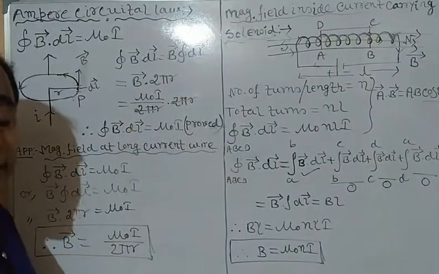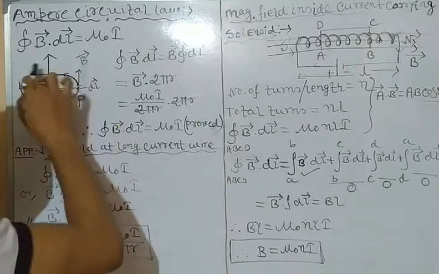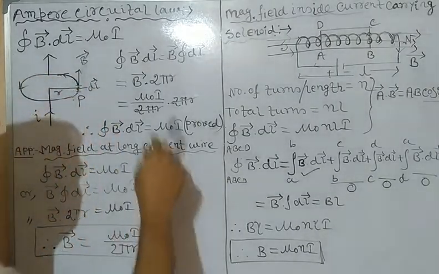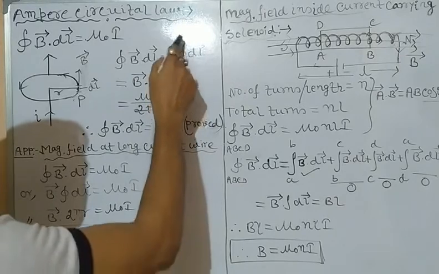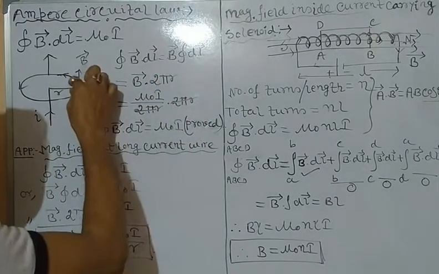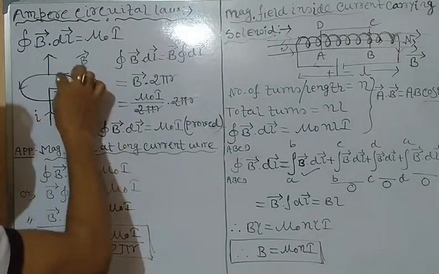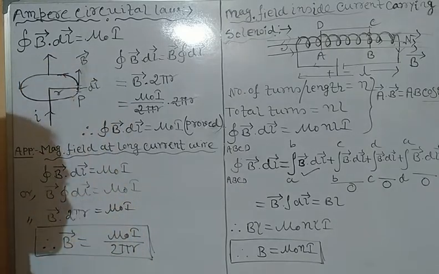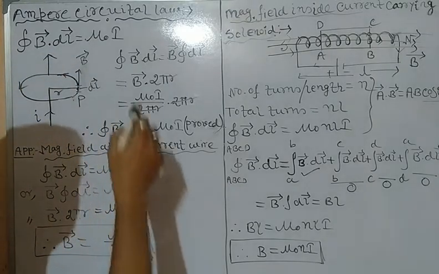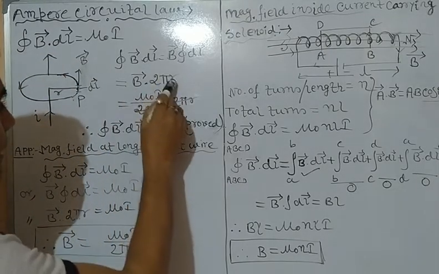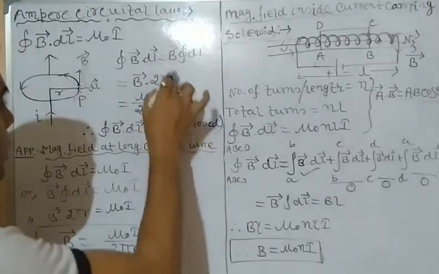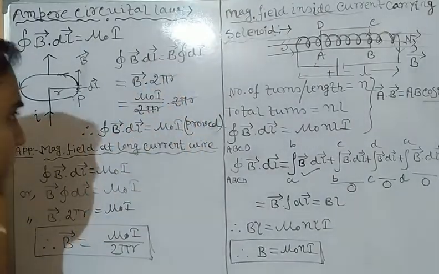B is constant because the value of B is the same everywhere. Now dl elements together make the entire circle, so it is B into 2 pi r, since the radius is r and the circumference is 2 pi r.